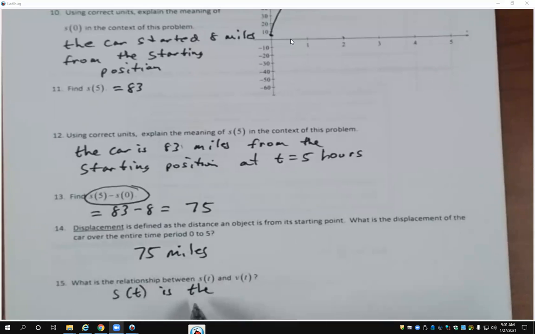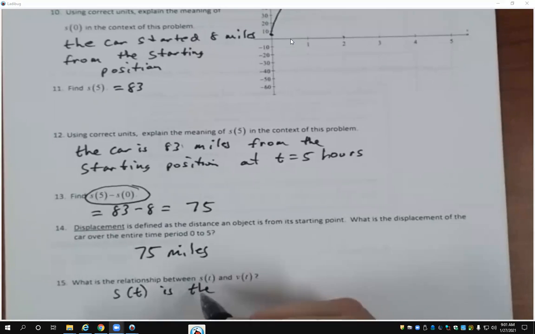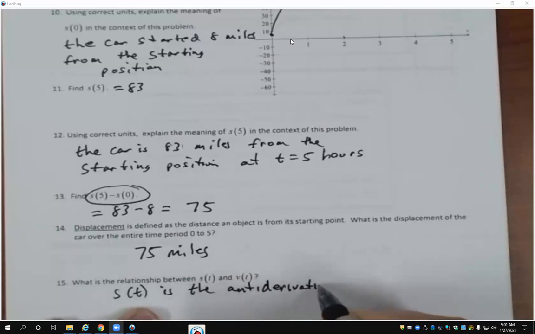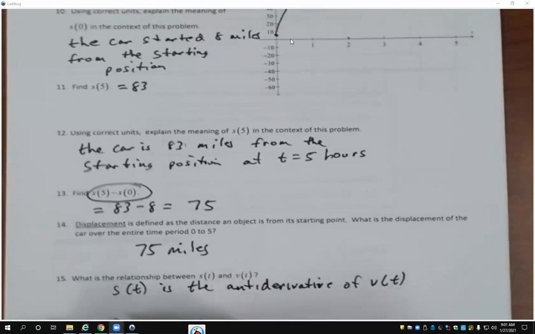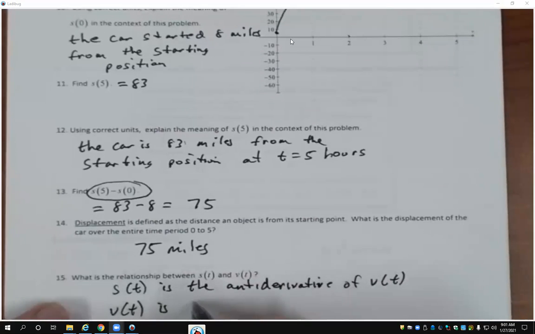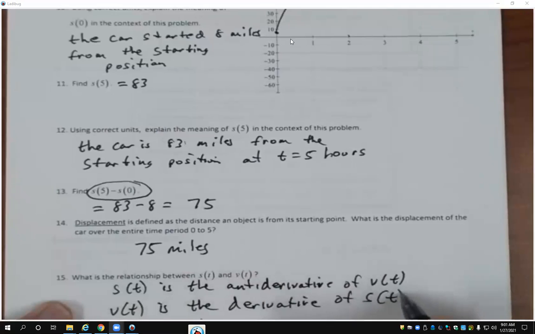No, not the derivative, the antiderivative. Position is the antiderivative of V of t. And going the other way, V of t is the derivative of S of t, okay?